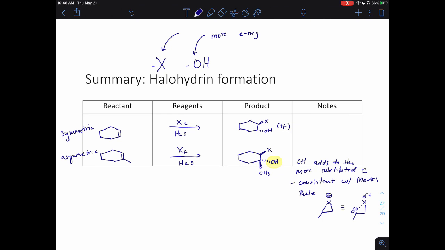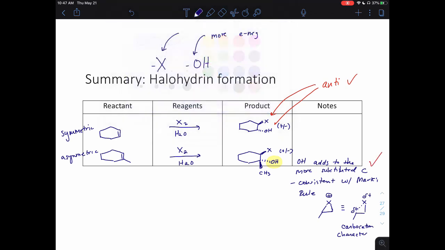The more substituted carbon shares the charge with the halogen, and that carbocation character results in Markovnikov selectivity. Okay, so we get the anti-isomer, hydroxyl adds to the more substituted carbon. So that's stereochemistry check, regiochemistry check.